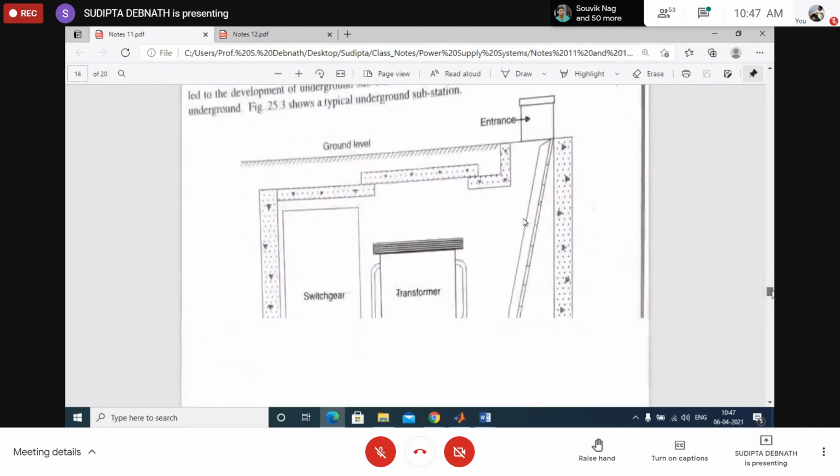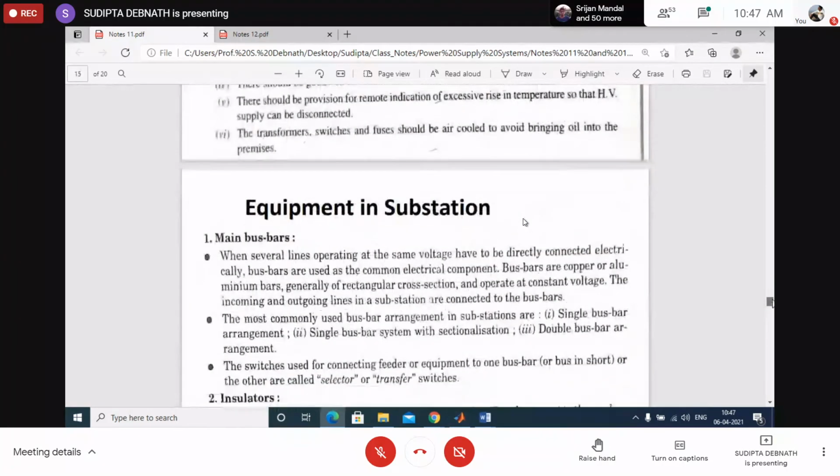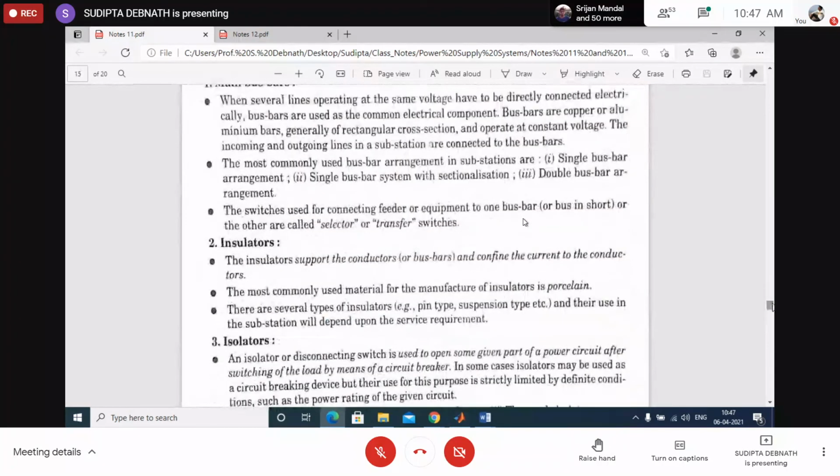So insulator, what are insulators? Insulators you have seen when the overhead transmission lines are connected to the towers, they are connected with the help of insulators. When the voltage is low, a pin type insulator is used, which is just the structure of a pin.